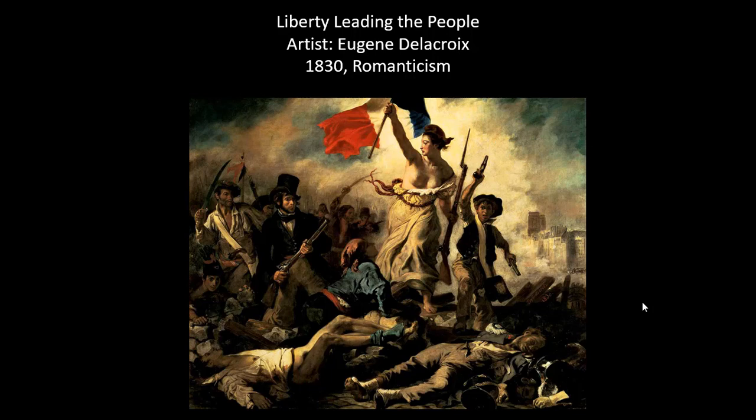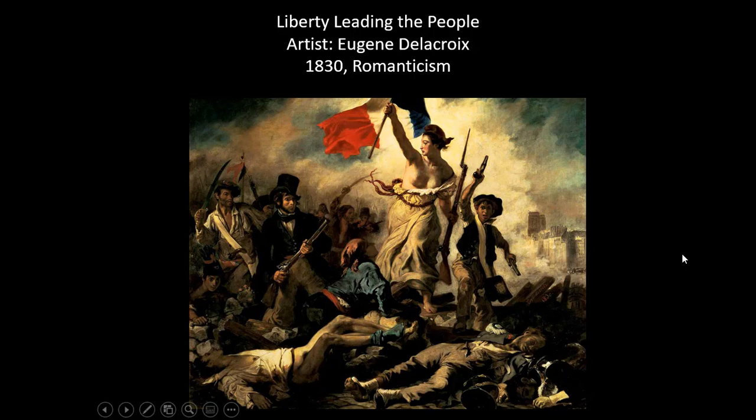This woman is a metaphor for liberty. Just like our Statue of Liberty, that's also an example of an allegorical figure. So this allegory, this symbol of liberty, leading the troops ahead. Very dramatic, right? Pushing forward, arm up, with the flag raised up.